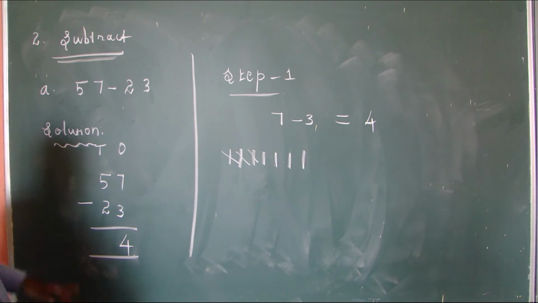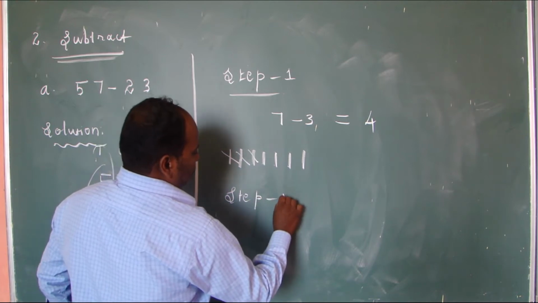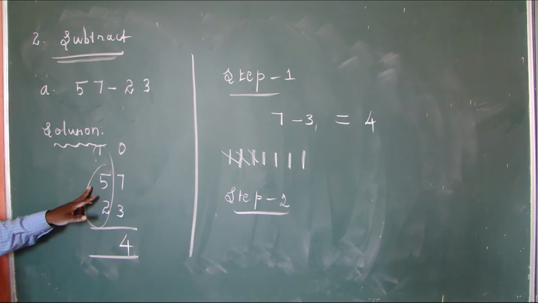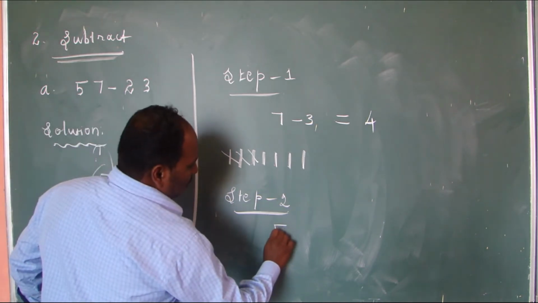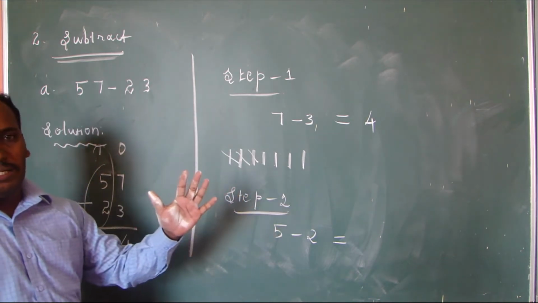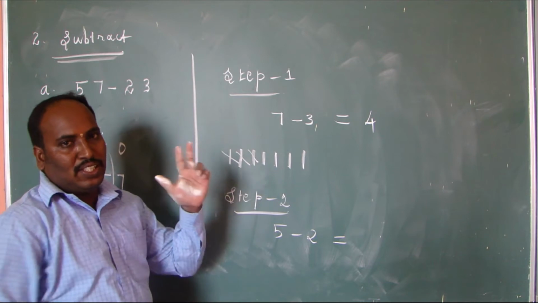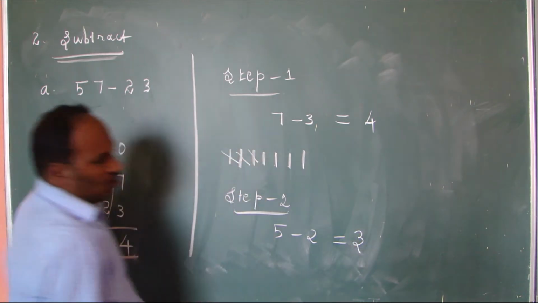The next one, step 2, tens place. Our tens place is 5 tens minus 2 tens. 5 minus 2, 1, 2. 5 minus 2 is equal to 3.